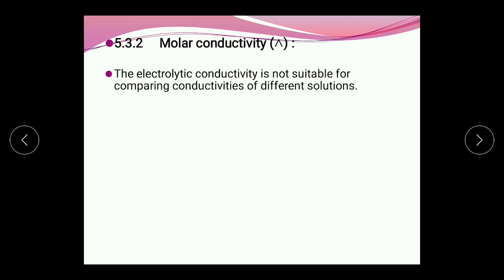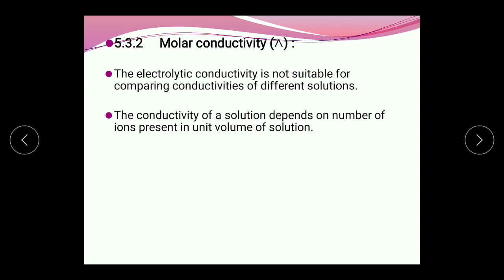The electrolytic conductivity is not suitable for comparing conductivities of different solutions. That means if we want to compare a few samples and find out the conductivity of those, then electrolytic conductivity is not suitable. What is the reason behind it?